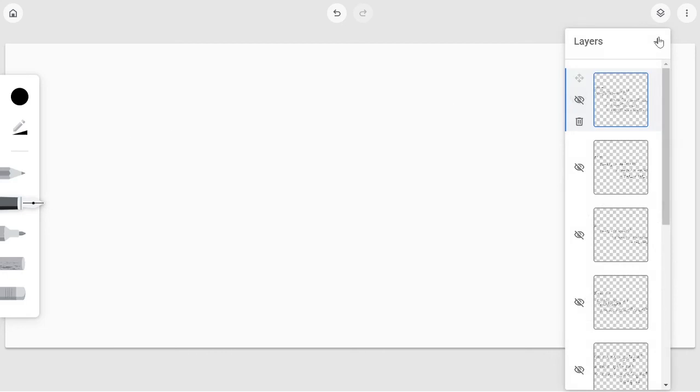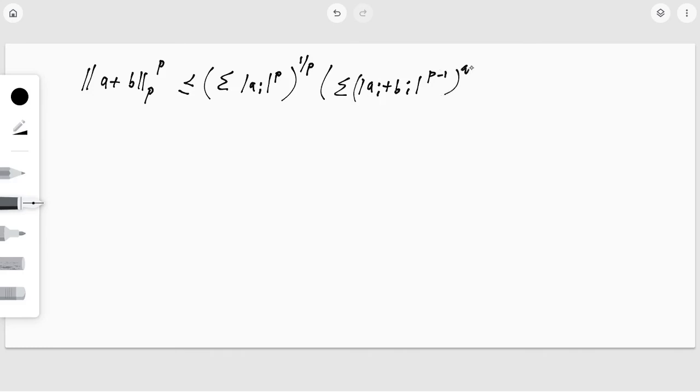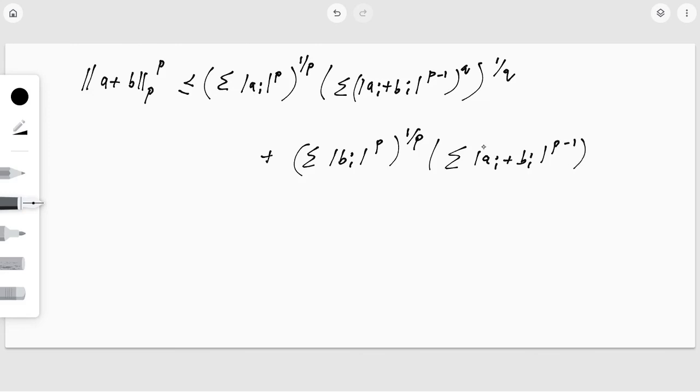We get norm p of a plus b whole raised to p will be less than or equal to summation mod ai whole raised to p whole raised to 1 by p into summation mod ai plus bi whole raised to p minus 1 whole raised to q whole raised to 1 by q plus summation mod bi whole raised to p whole raised to 1 by p into summation mod ai plus bi whole raised to p minus 1 whole raised to q whole raised to 1 by q.